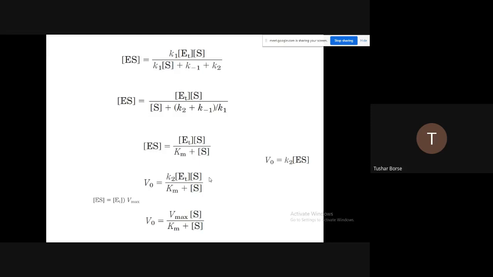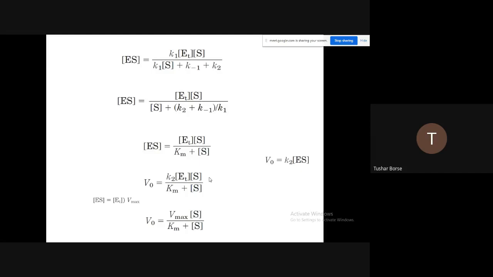When you're talking about the maximum velocity, your enzyme substrate complex is formed at the maximum number. All of your enzyme is in the form of ES, that is the enzyme substrate complex, so your enzyme is saturated.